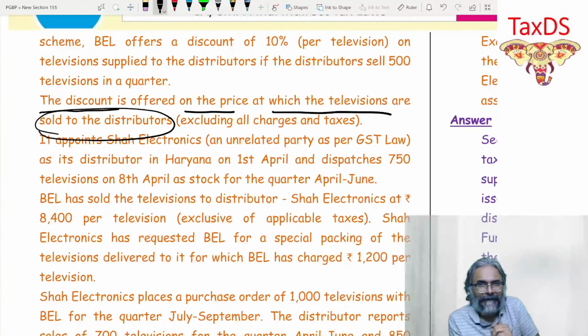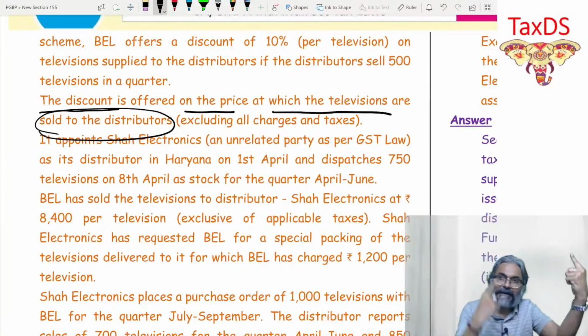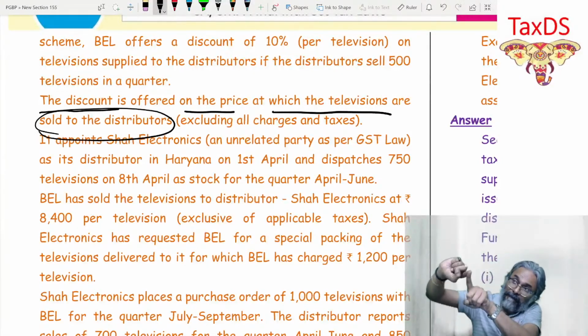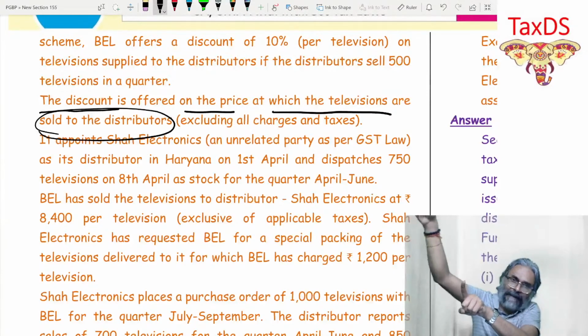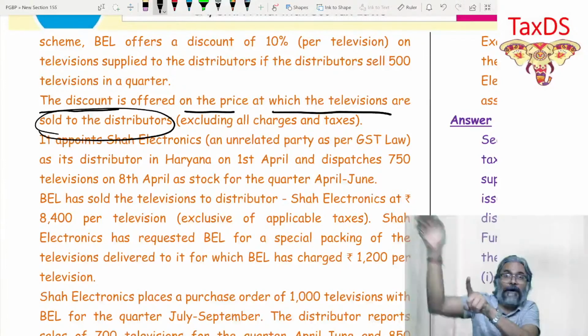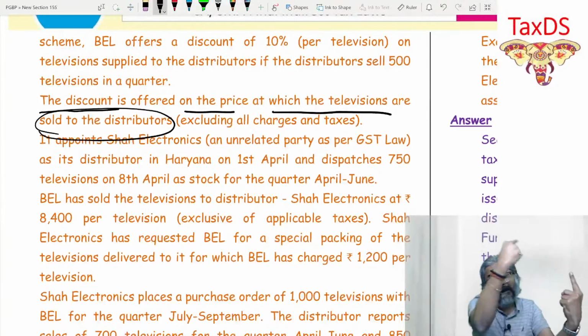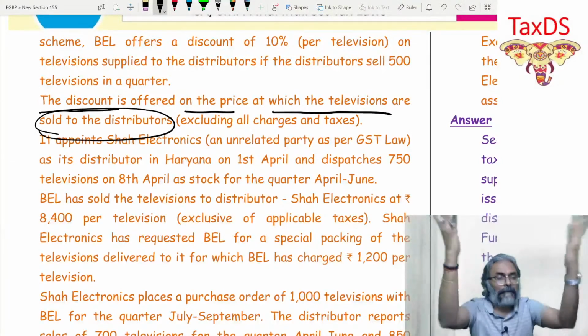Although we do the valuation, it is a supply, but it is not a sale. Here, the manufacturer has sold it to the distributor. And if the distributor meets the sales target, meaning the distributor sells 500 or above to the final customer, then for all the consignment which the manufacturer has sold to the distributor, they will give 10% discount.